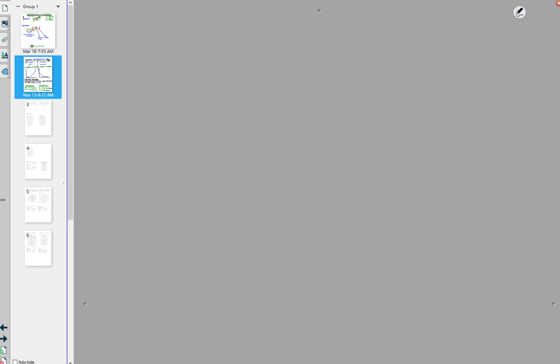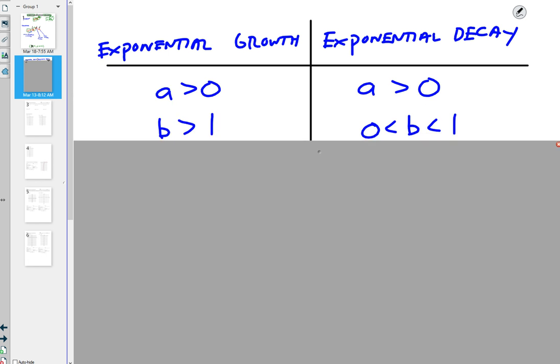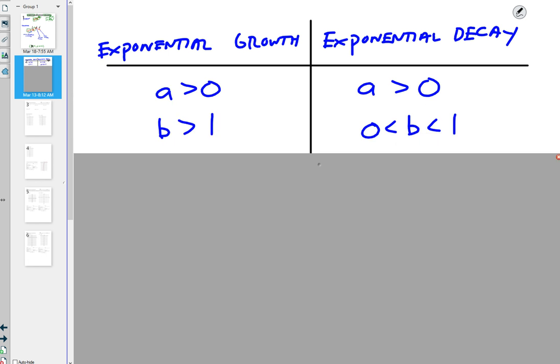All right. So what are those two basic shapes that an exponential function could take? Well, one is called a growth and one is called a decay. Assuming that A is greater than 0, what numbers are greater than 0?